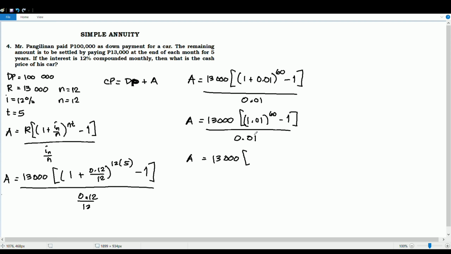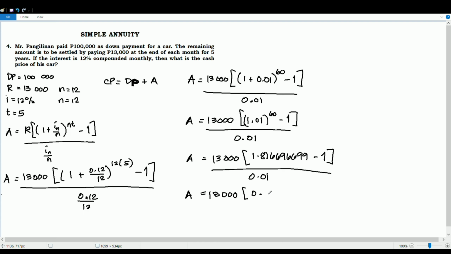And our A is equal to 13,000. We have now 1.01 raised to 60. The answer is 1.816696699 minus 1 over 0.01. So subtracting 1 from our decimal number inside the bracket, we have A is equal to 13,000 to be multiplied by 0.816696699 over 0.01.